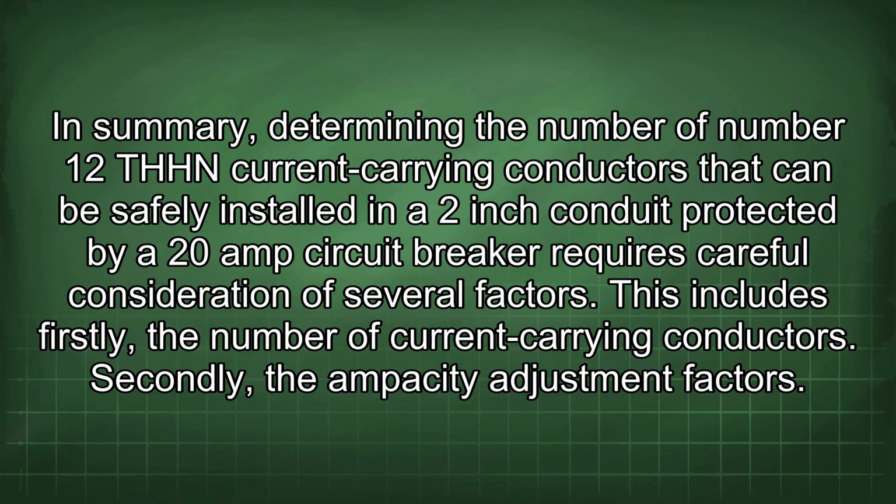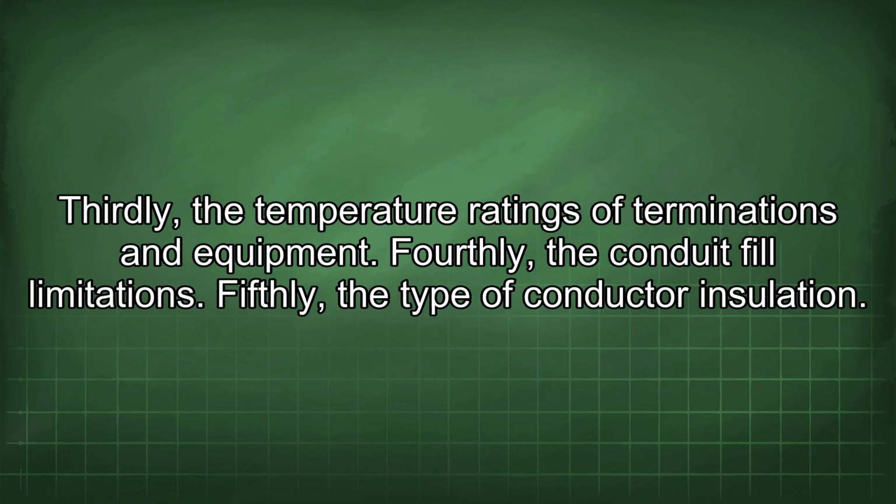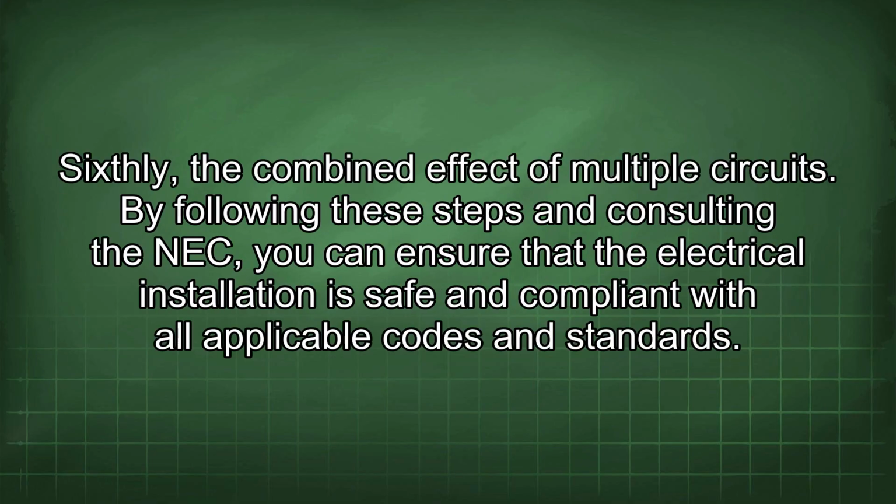This includes firstly the number of current carrying conductors, secondly the ampacity adjustment factors, thirdly the temperature ratings of terminations and equipment, fourthly the conduit fill limitations, fifthly, the type of conductor insulation. Sixthly, the combined effect of multiple circuits. By following these steps and consulting the NEC, you can ensure that the electrical installation is safe and compliant with all applicable codes and standards.